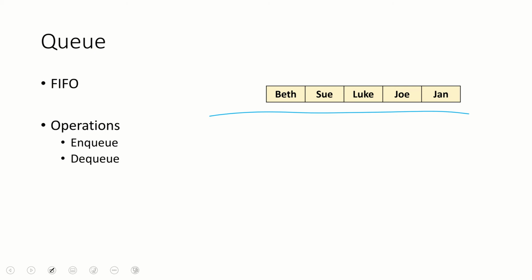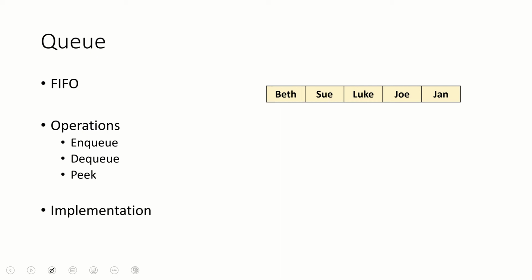If we follow the principle of first in, first out, the first person in the line will go out first. This is what we call dequeue. And peek means we want to check who is the first in this line.